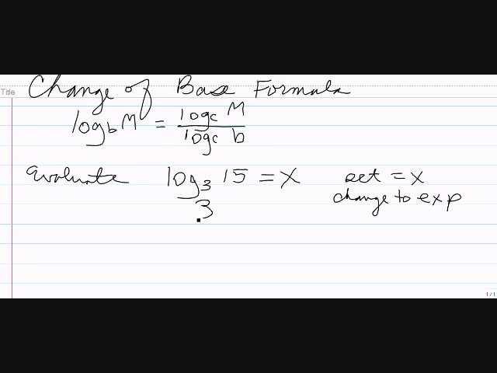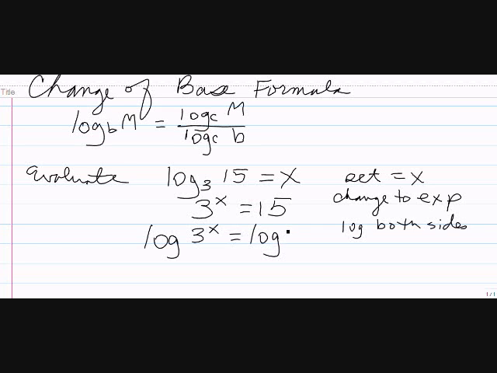So this is 3 to the x equals 15. Now we know how to solve for x. We log base 10 both sides. So this is log base 10 of 3 to the x equals log base 10 of 15.